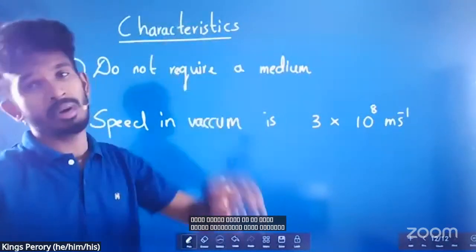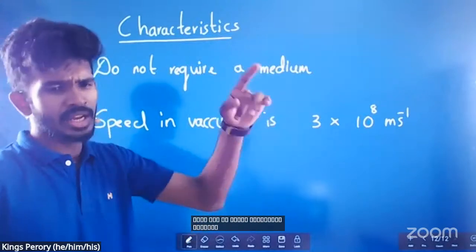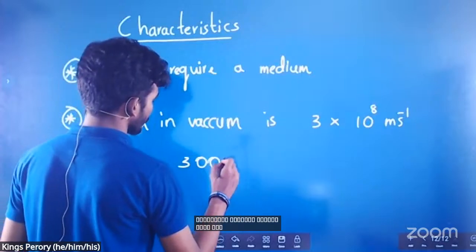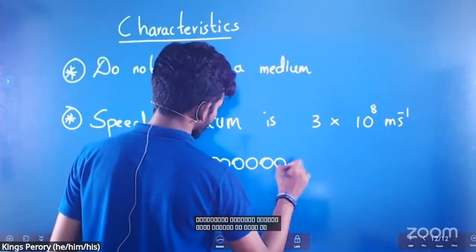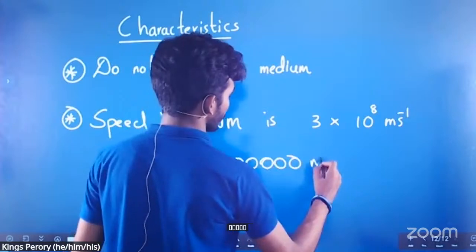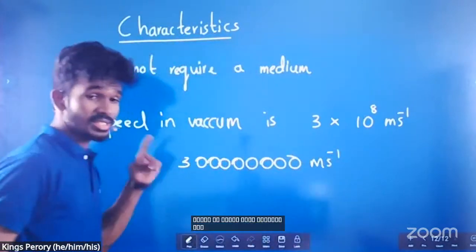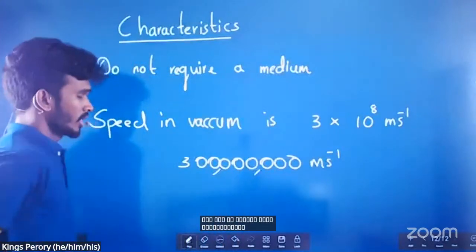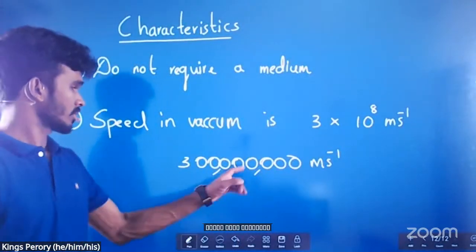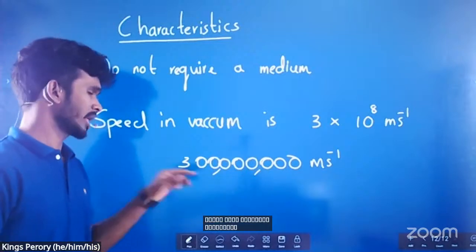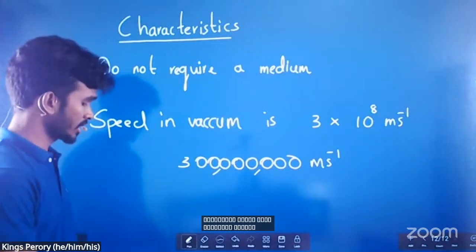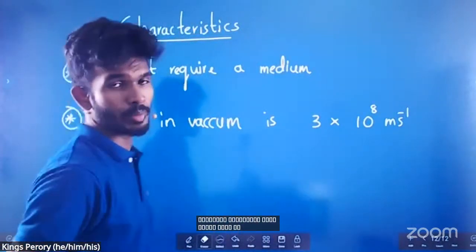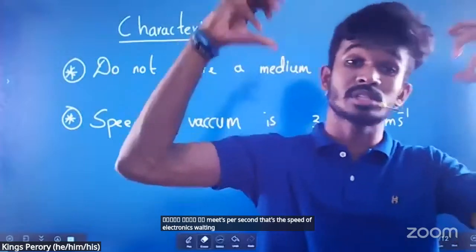What does that mean? 3, then 1, 2, 3, 4, 5, 6, 7, 8 zeros, meters per second. That is 300 million meters per second, not thousands or millions. That's the speed of electromagnetic wave in vacuum, in space, free space.